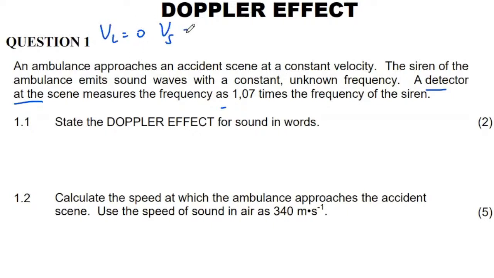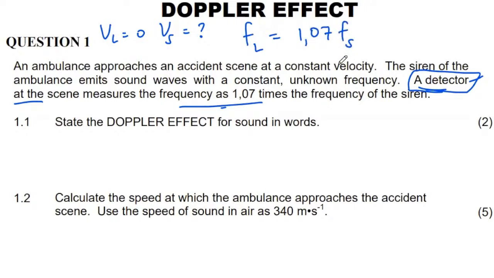The velocity of the source, the ambulance, is unknown, but we know that a detector, which will be the listener at the scene, measures a frequency as this. So the frequency of the listener is 1.07 times the frequency of the siren, which is the source.